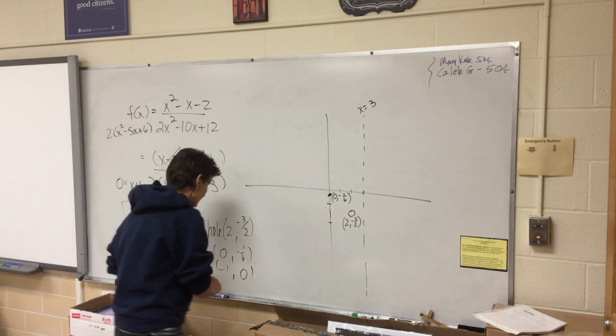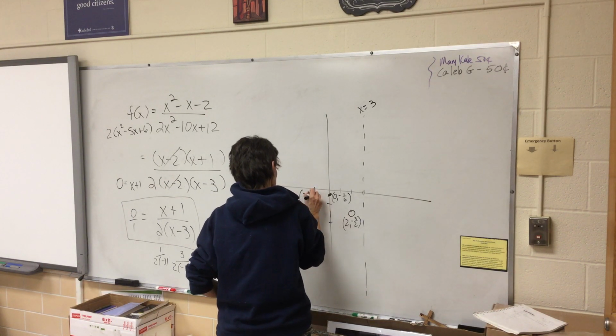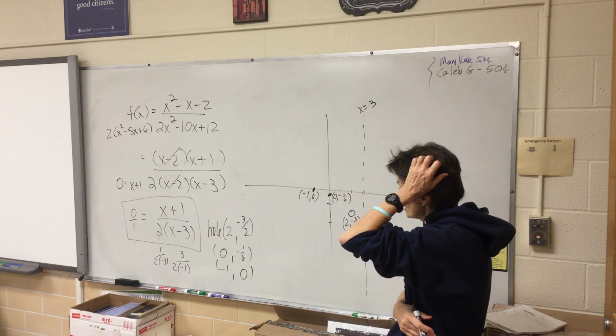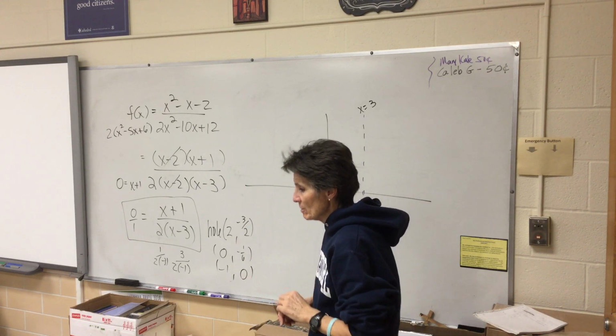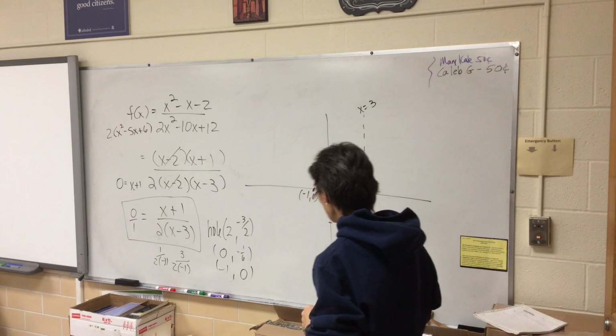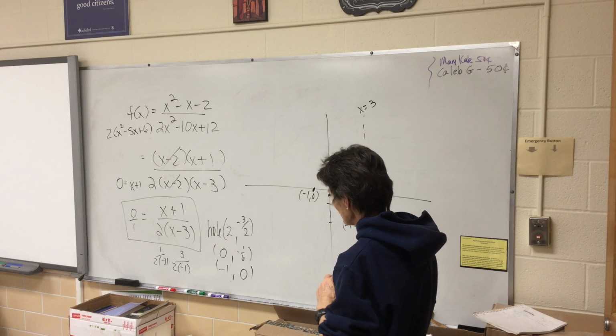So it looks like my x-intercept is at -1, 0. That point is also called a 0. So on the answer sheet, or on the quiz paper there, I have called it a 0. That is the same as an x-intercept.